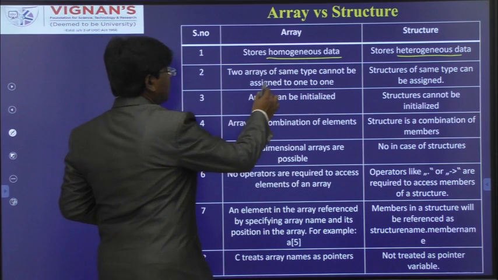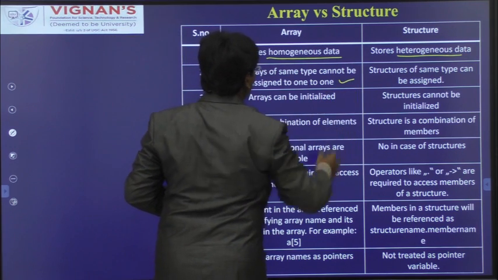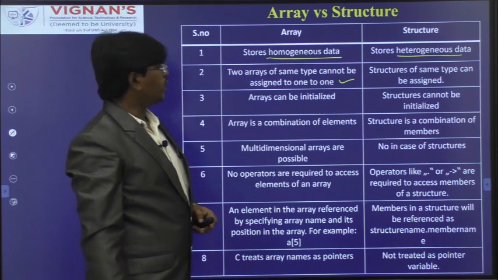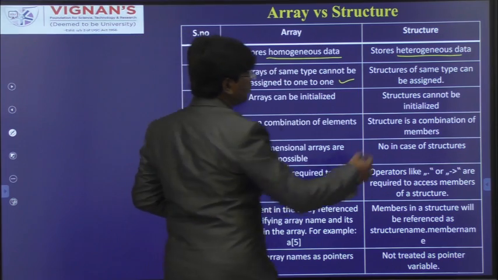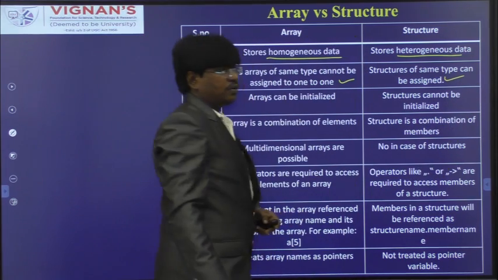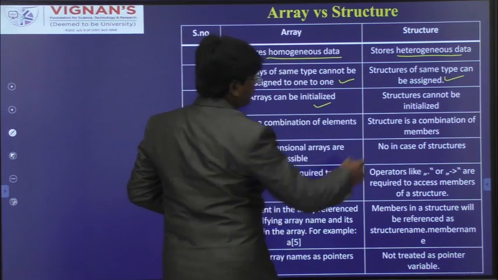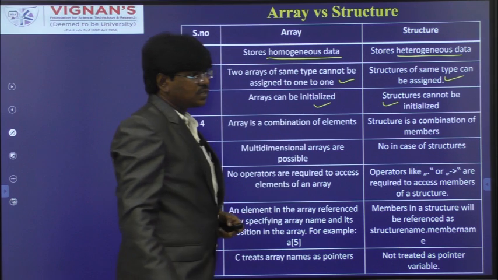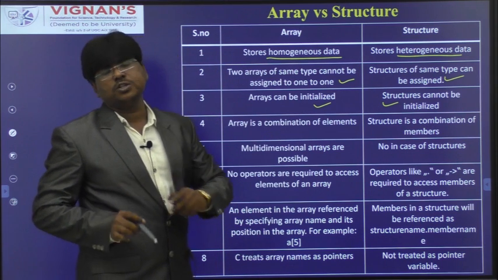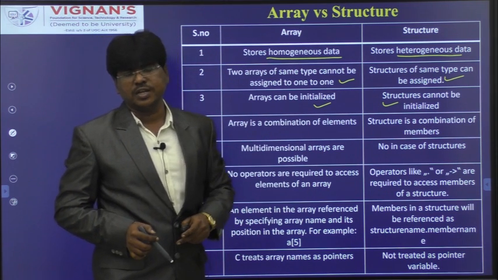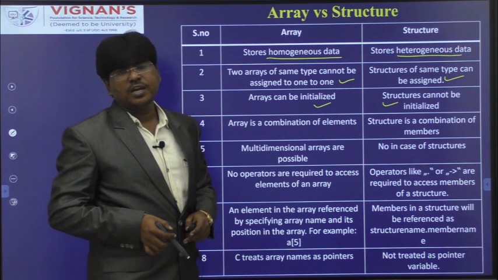Two arrays of the same type cannot be assigned from one to the other, but structures of the same type can be assigned. That is very, very important. Coming to the next, arrays can be initialized, but structures cannot be initialized. Why? Because in structures the members can be initialized, but structures themselves cannot be initialized. The members of the structures will be initialized.